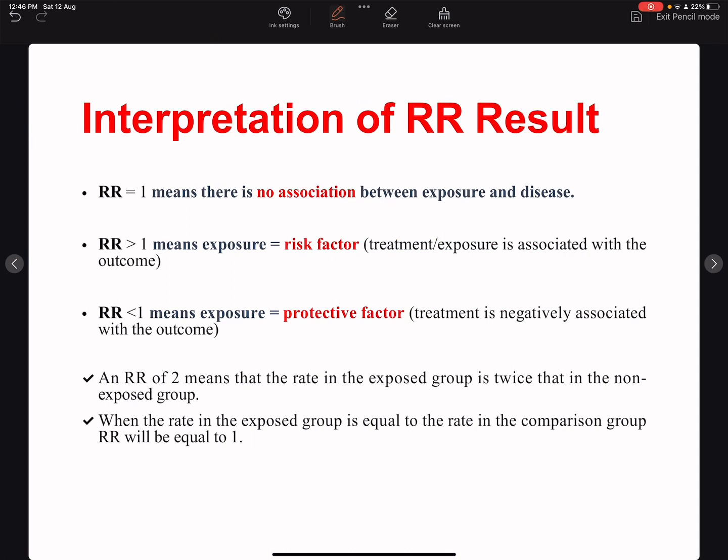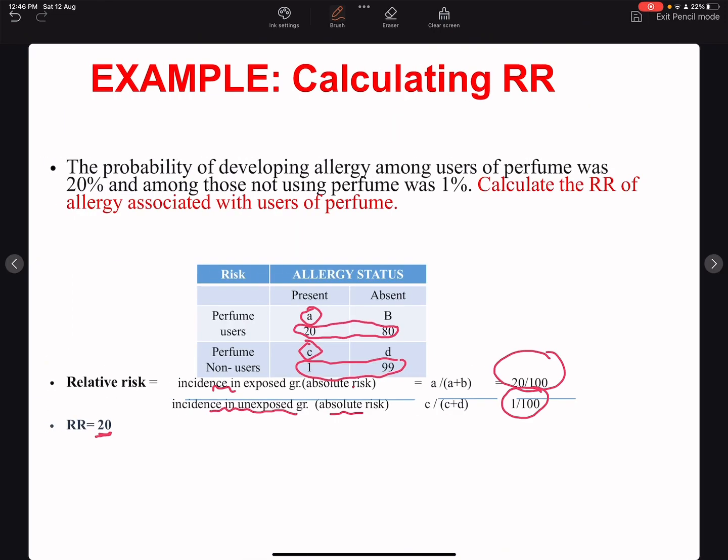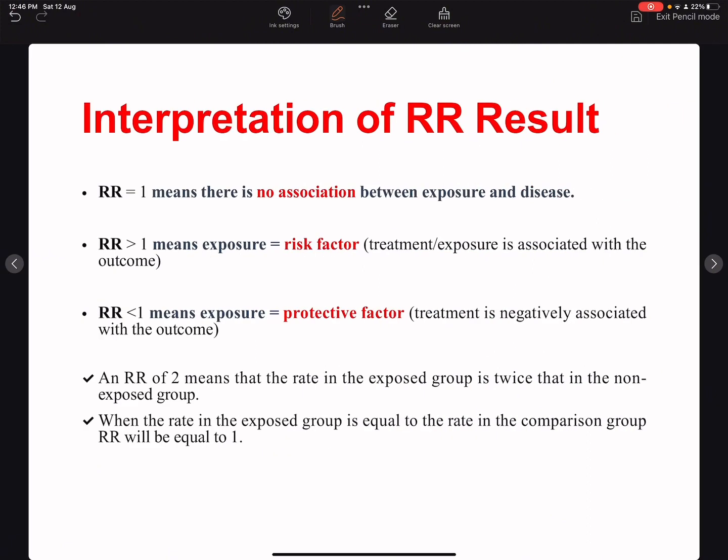Now, how are we going to interpret this relative risk result? For example, in our result, it was 20, so it is considered more than 1. That means the exposure to perfume is a risk factor for getting allergy.